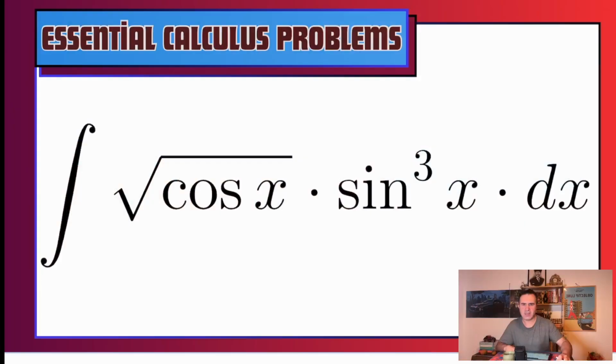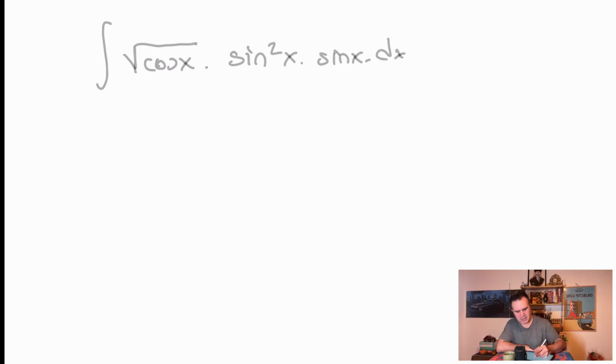Let me solve it like this: square root of cosine x, and I will write sine cube x as sine square of x times sine x dx. We know that cosine square x plus sine square x is equal to 1.